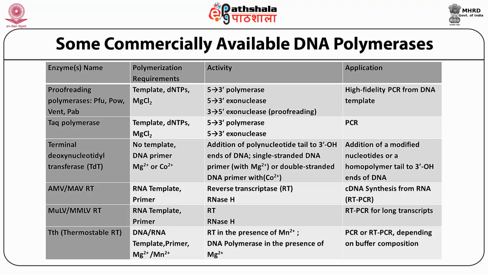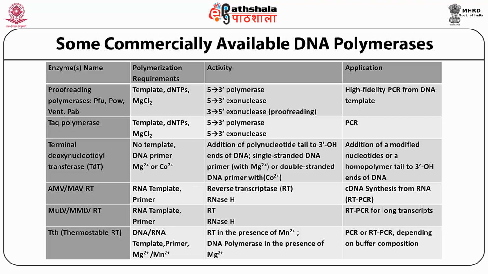For proofreading polymerases such as PFU, PO, VENT, and PAB, their polymerization requirements include template, dNTPs, and magnesium chloride, and they usually show 5' to 3' polymerization activity and 5' to 3' exonuclease activity, and sometimes 3' to 5' exonuclease or proofreading activity. They are usually high fidelity and they are used in PCR.